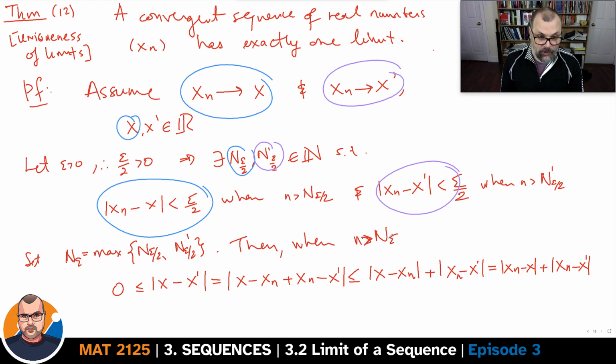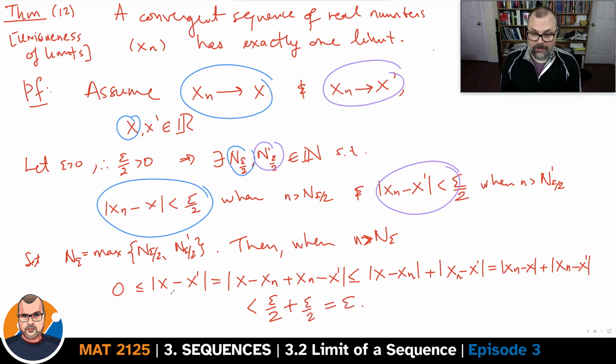Now, whenever n is greater than n epsilon, |xn minus x| is smaller than epsilon over 2, because in particular n is also greater than n epsilon over 2, and when n is greater than n epsilon, n is greater than n prime epsilon over 2, so this second term here is also smaller than epsilon over 2.